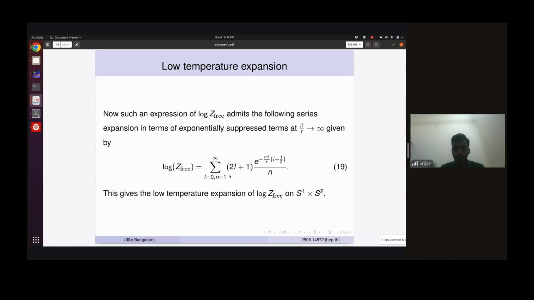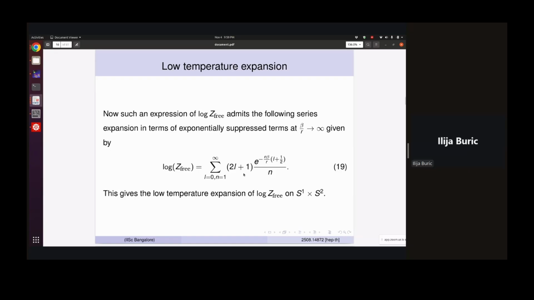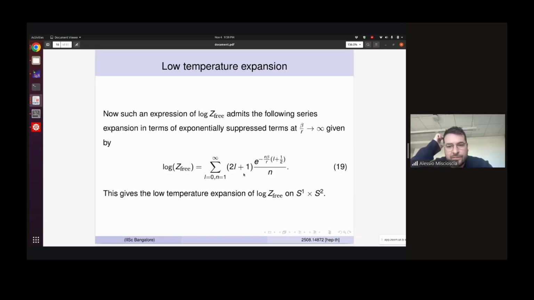It's not factorially growing, but the coefficients here can be increasing. It might not be asymptotic, but just have a finite radius of convergence, right? Yeah, it can be.